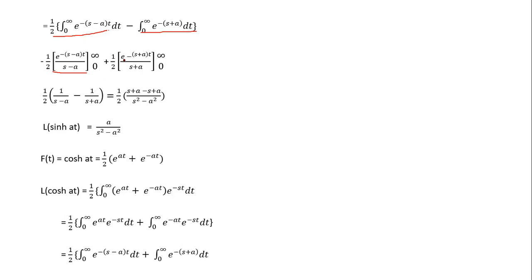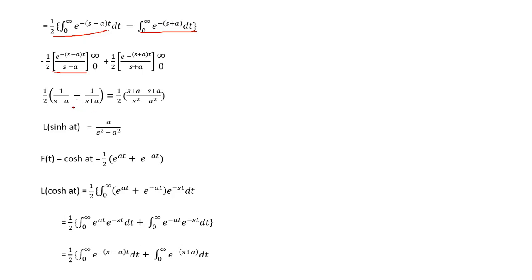When you go here, this also becomes, when you put infinity there, you get 0. So minus, when you put 0, they become minus half. So we have 1 over s plus a. That's what you can see here. Check that.